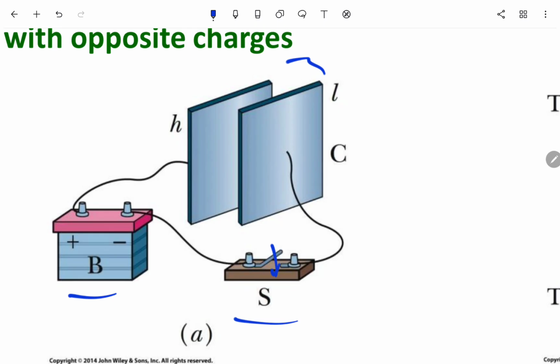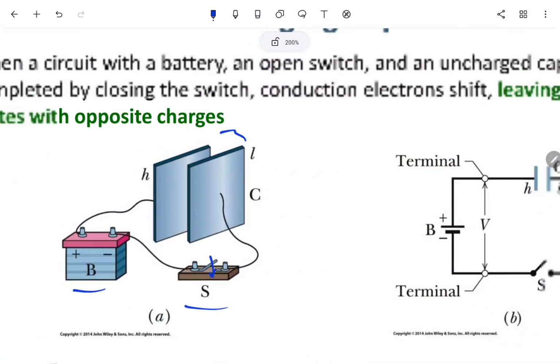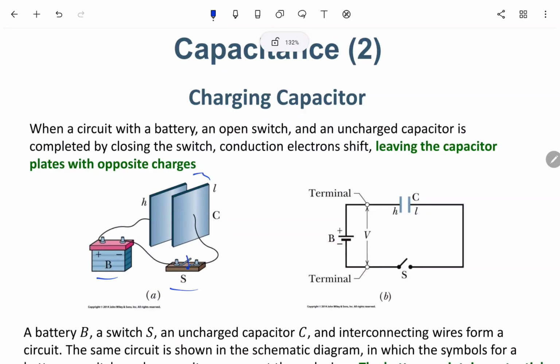If you don't push the button, it is open, and there will be no current going through. Of course, this is a figure, and if you need to draw the battery and the switch every time, it is time consuming, so we will use some circuit symbols. Probably you should have learned them in high school.